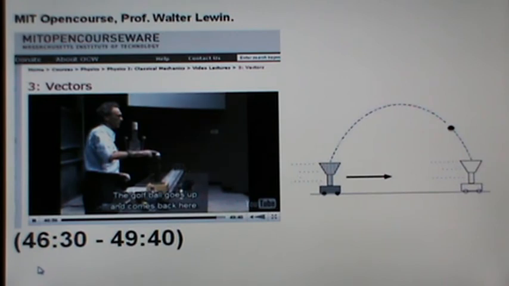Before I continue, I want to let you know that there is a good short clip of the experiment related to the projectile motion, and I really recommend you to watch this clip. This is from Professor Walter Lewin from MIT, and you can find it from MIT OpenCourseware. You can just go to video number 3, it's about vectors, and watch the clip between this interval of time.